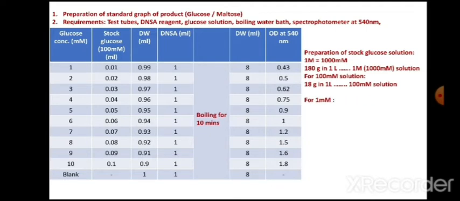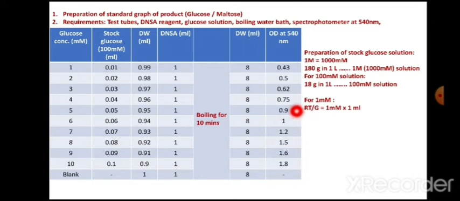Now see, for the preparation of solution of 1 millimolar from 100 millimolar, what we can do is simply follow the formula RT by G. R is required, T is total volume that you want to prepare, and G is the given concentration.